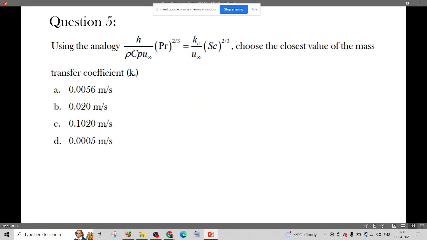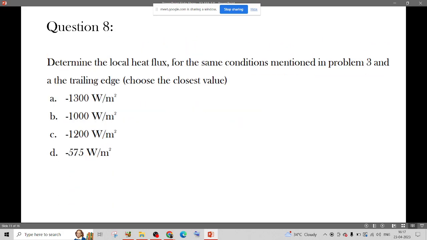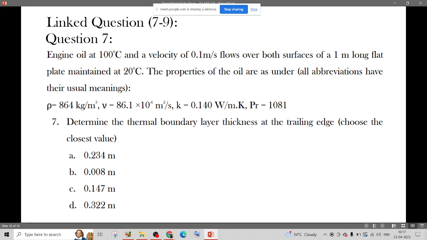Okay, so I'm opening this equation, and you already know the heat flux equation for laminar flow. For your simplicity, let me write out the equation itself.